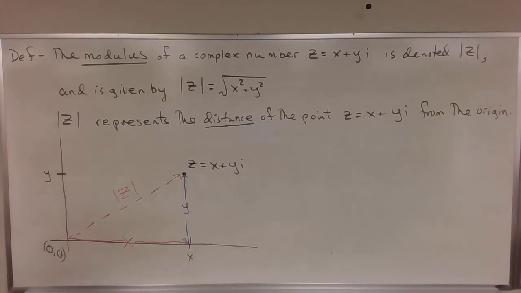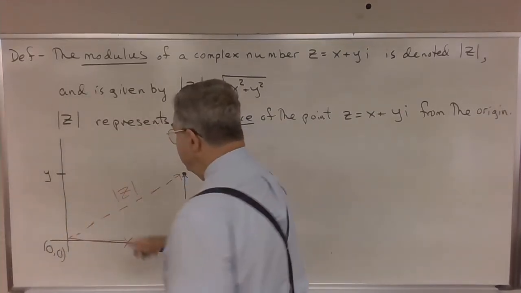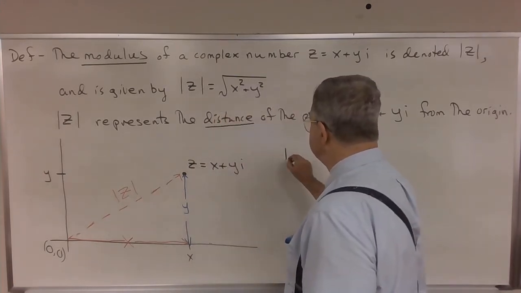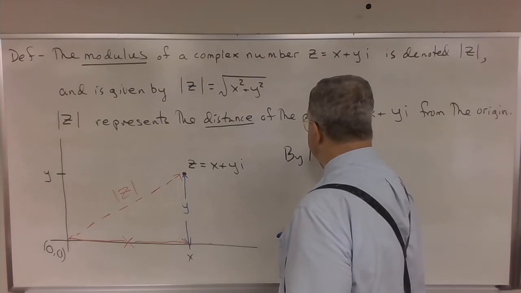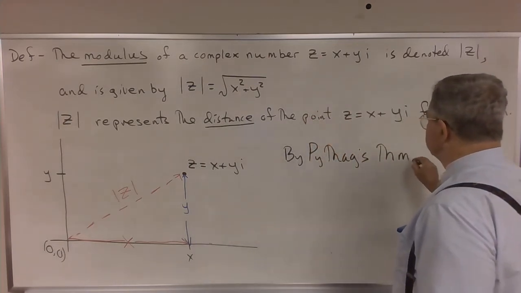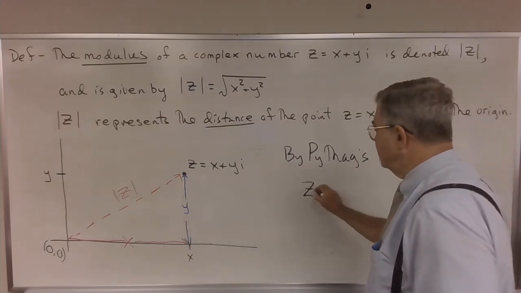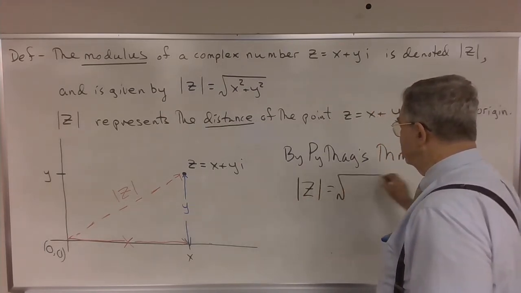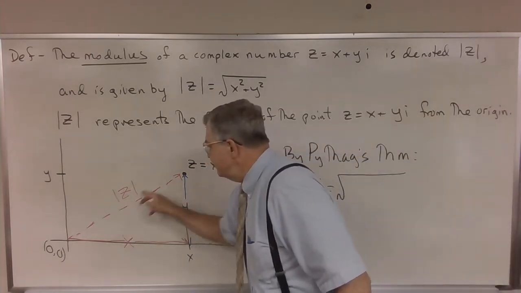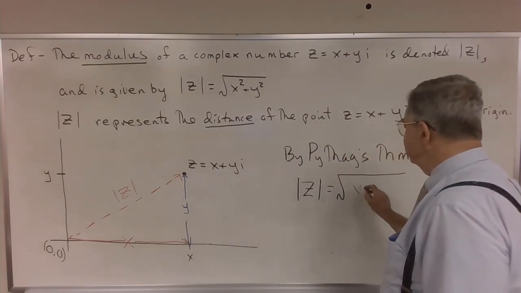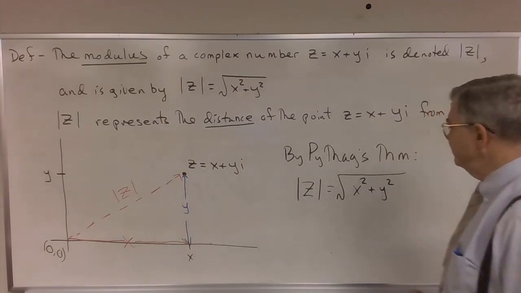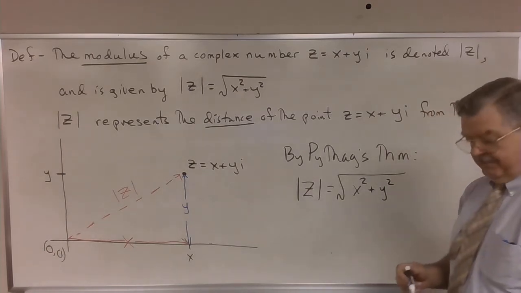So by Pythagorean theorem, the hypotenuse, which is the modulus of z, the modulus of z, is just the square of the horizontal leg plus the square of the vertical leg, square root.